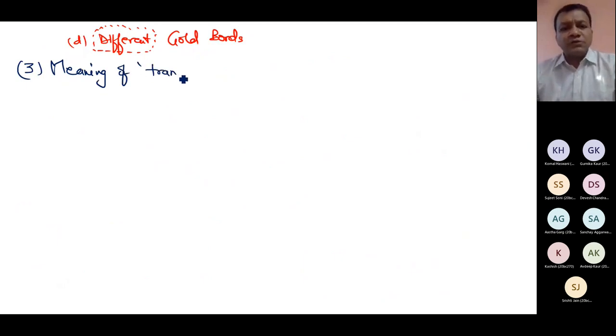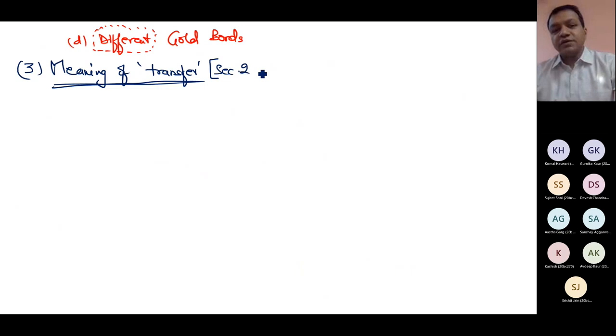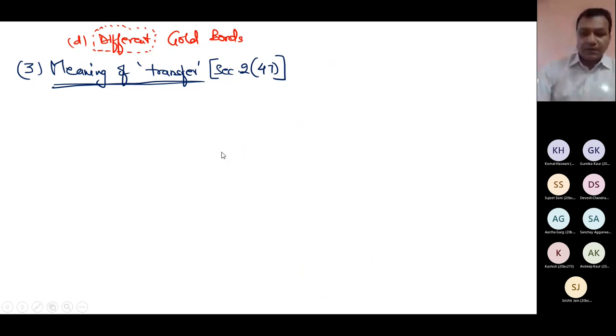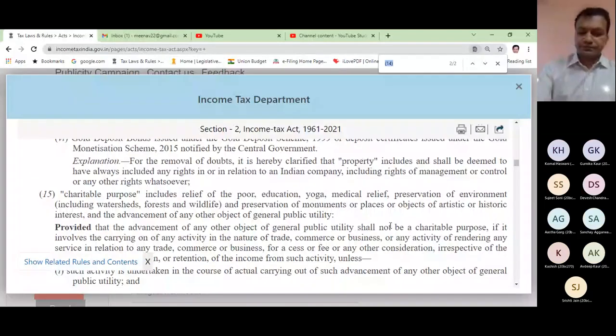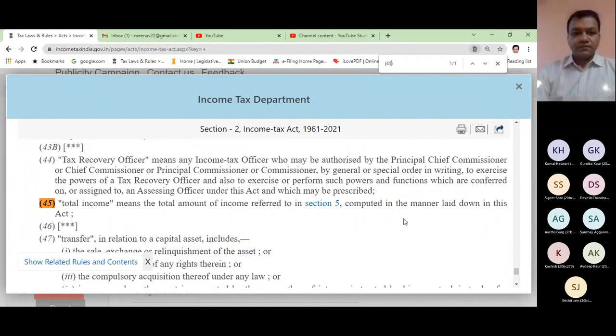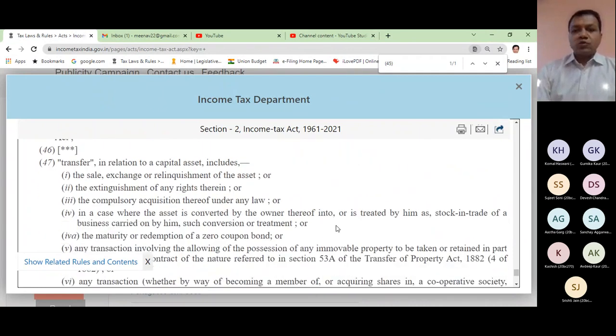Now it might look very simple to me, transfer means sale, but when you read the Act, you must first read the language. Section 2 clause 47 defines what exactly this transfer is.